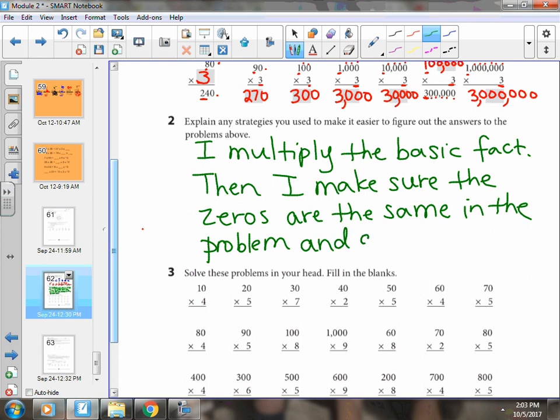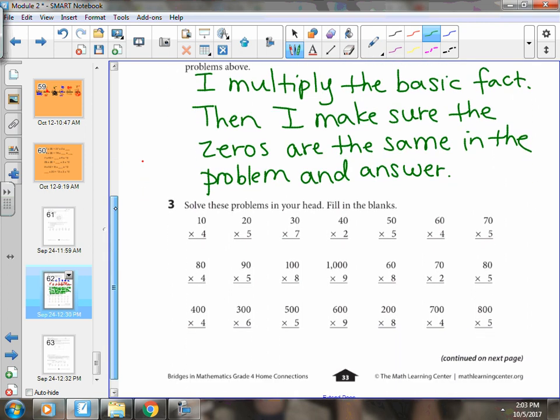You might say something like, when you multiply by 10, you add 1 0. When you multiply by 100, you add 2 zeros. Those would be some of the strategies you could use as well.